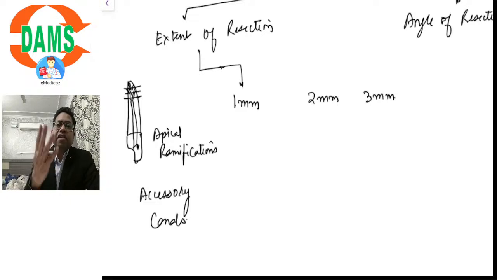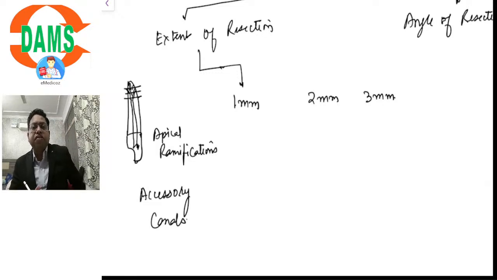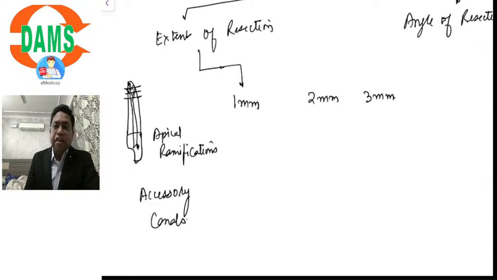The principal root canal is dividing into numerous branches to give it like this: apical ramifications and accessory canals. These all harbor microorganisms, and whenever we are doing surgery, it is imperative that we remove these structures, whether accessory canals or apical ramifications, by way of root end resection.